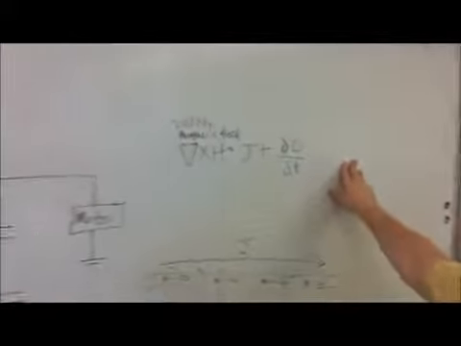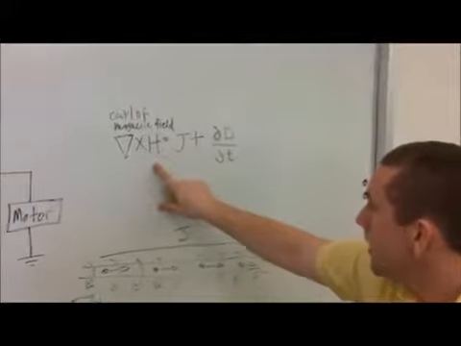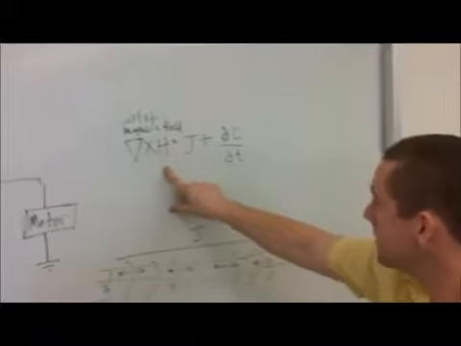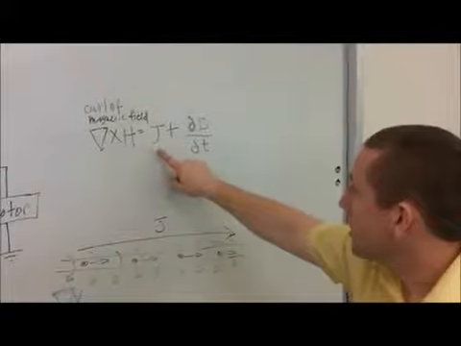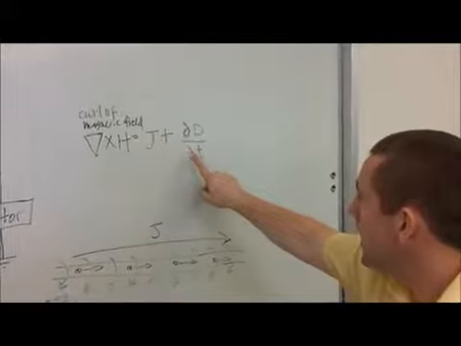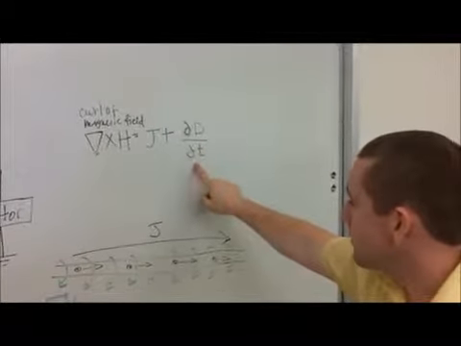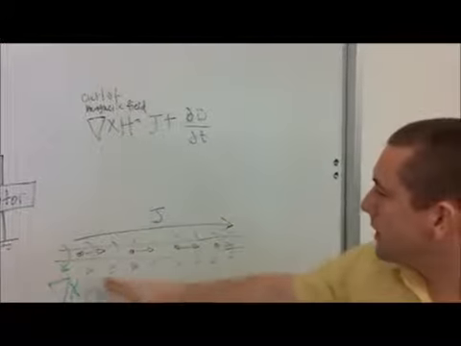The curl of our magnetic field is equal to a current and also a changing electric flux, which we have demonstrated here.